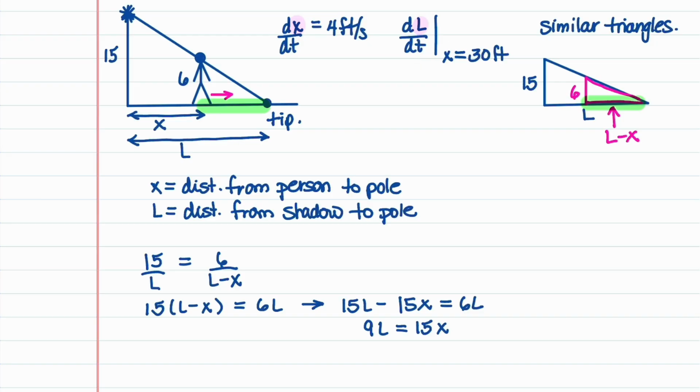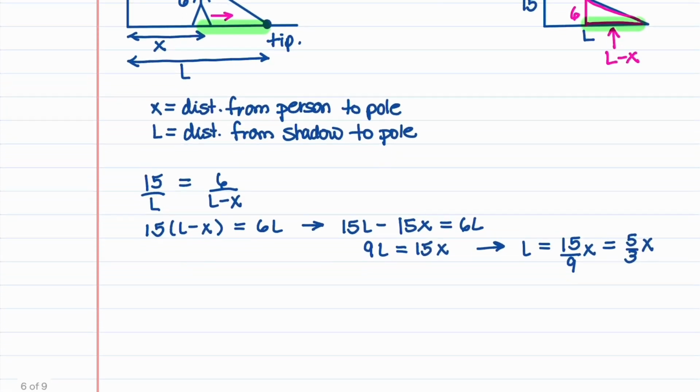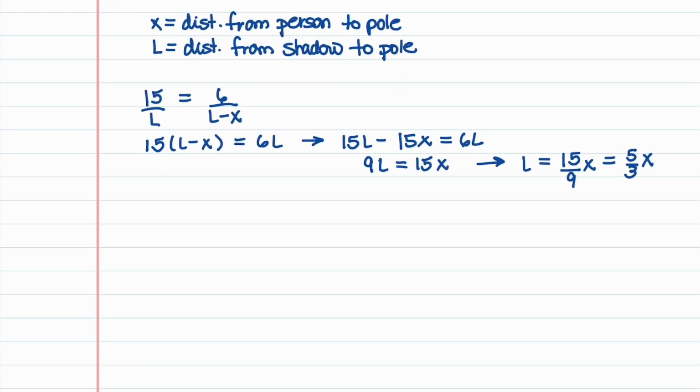And we want to find dL/dt, so let's solve for L. This gives us that L is 15/9 x, and we can divide 3 into both of those, so we get 5/3 x. Similar triangles are hard, but once you have it, the equation is actually pretty simple. So we end up with the equation L is equal to 5/3 times x.